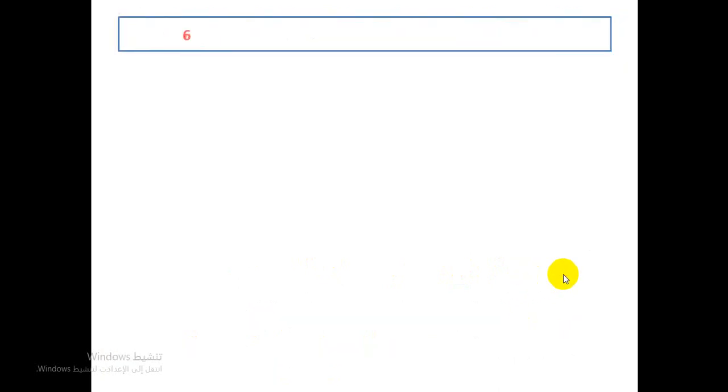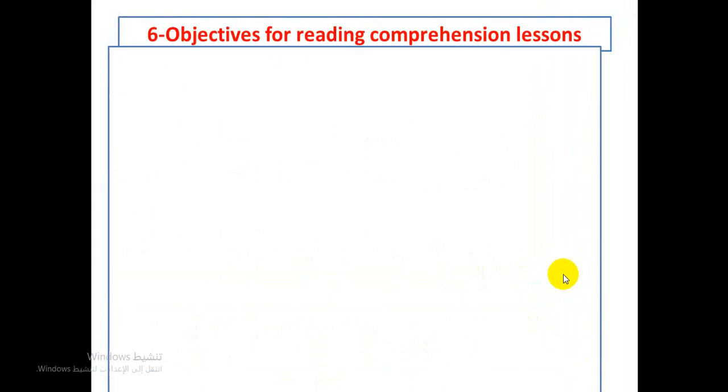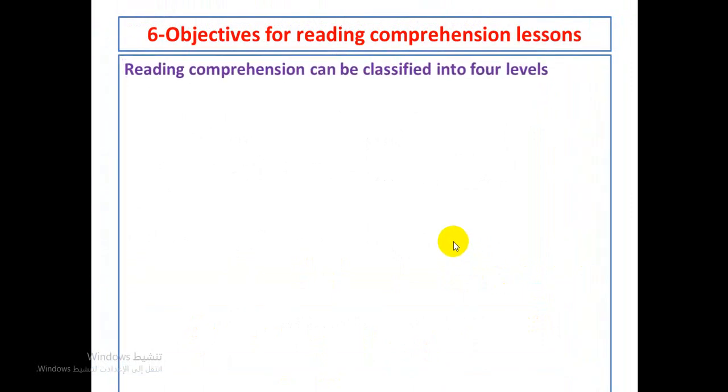And some learning objectives for reading comprehension lessons. Reading comprehension can be classified into 4 levels, which are the literal level, the interpretive level, the critical level, and the creative level.